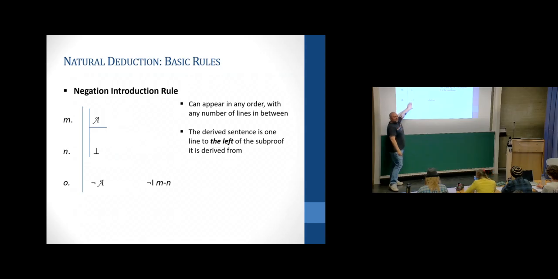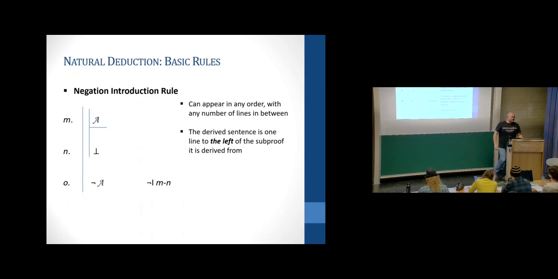So not A must be true. If A is true, you get the bomb, so you don't want A to be true. So that's negation introduction. You have a subproof that starts with a sentence, ends in a contradiction, and that lets you introduce the negation of the opening sentence. If it's true, bad stuff, so it must not be true. So that's negation introduction.